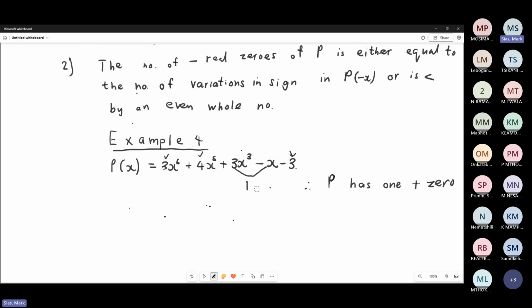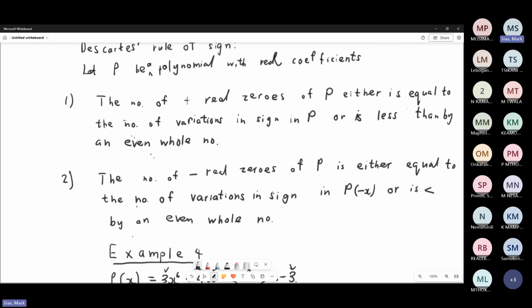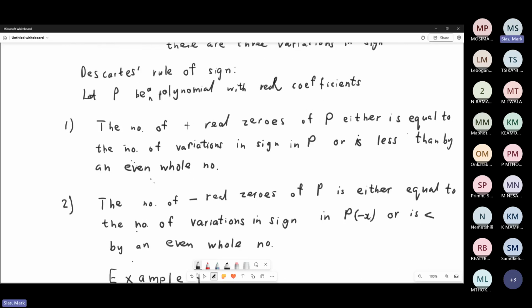So it's one variation in sign. Meaning from point 1, P has one positive 0, right? The number of positive real zeros is either equal to the number of variations in sign, which we have 1, or is less than by an even whole number.